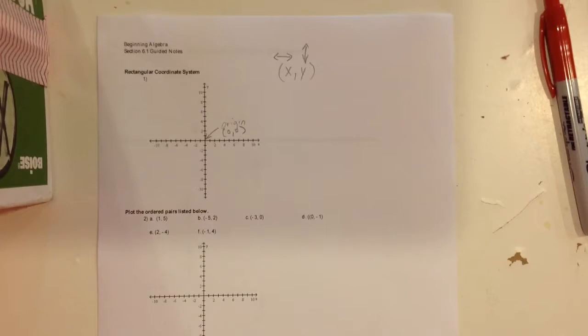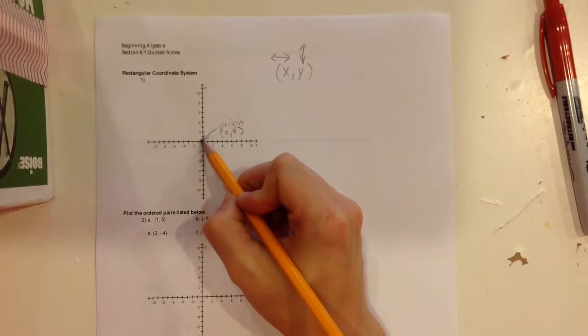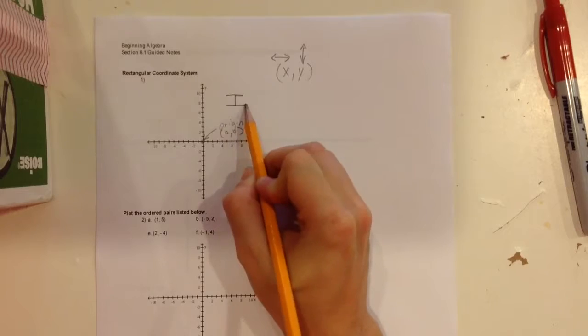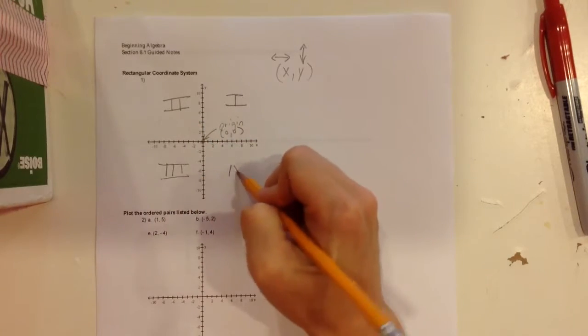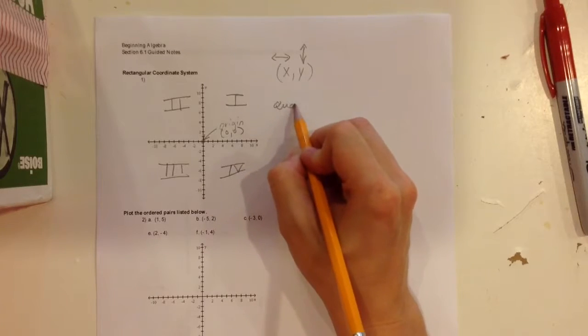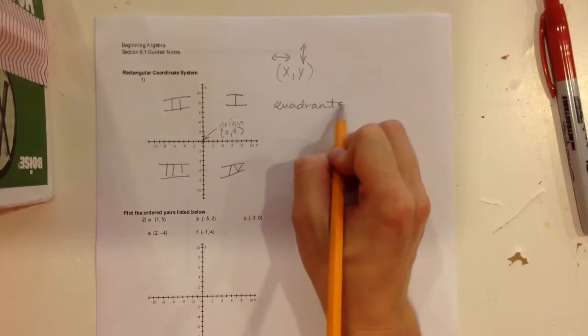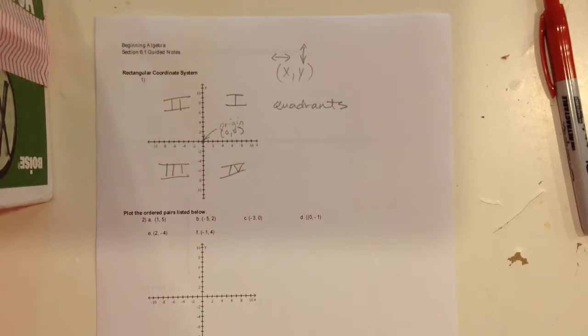All right? Now we're going to look at the quadrants. And since it's joined together by an origin, then it's divided into 4 quadrants. So you have the first, second, third, and fourth quadrant, and these are the locations of the points.